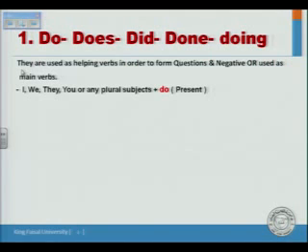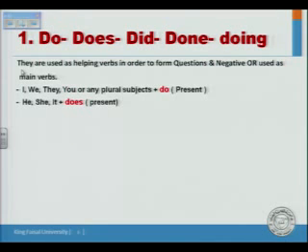Let's try to see the present form and the past form of do. First of all, we use do in the present tense after the subject when the subject is I, you, we, they, or a plural subject.